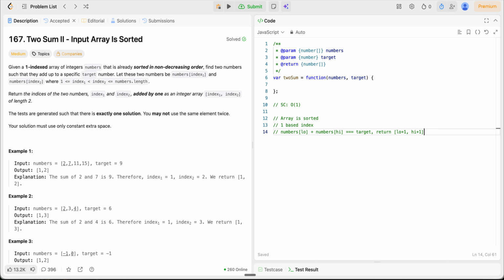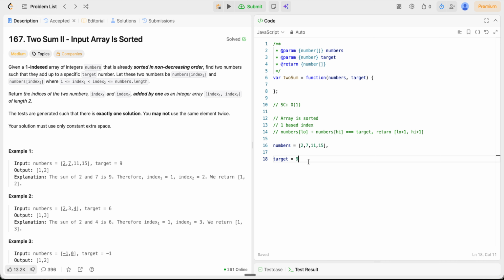That's the only thing. So if the array is sorted, we are sure that if I keep moving, the numbers will be in increasing order. So let me take these numbers and target: 2, 7, 11, 15, because this is given in non-decreasing order.